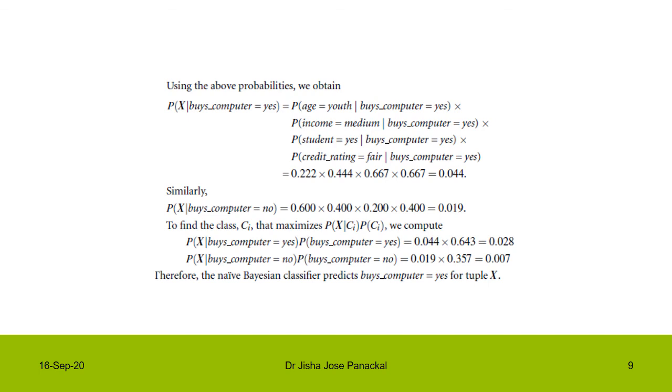So I hope you understand what is meant by the probability of the hypothesis as well as the probability of the particular attribute, which are known as the prior probability.